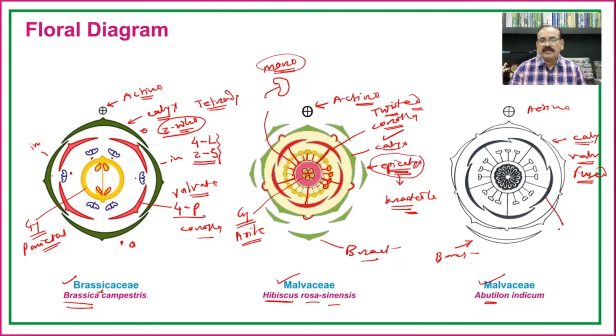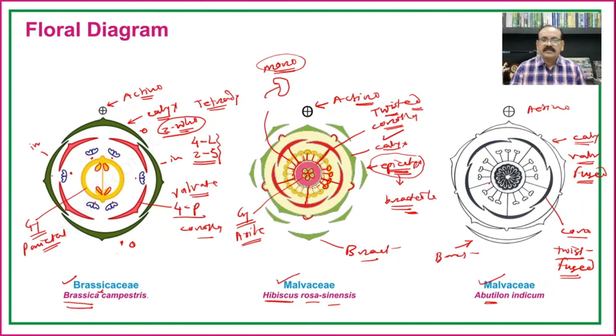Then the arrangement of the corolla, that is petals, is in a twisted manner. All the petals are fused, that is gamopetalous type of condition.